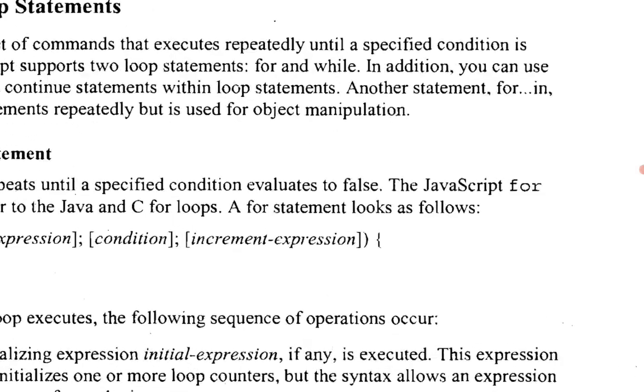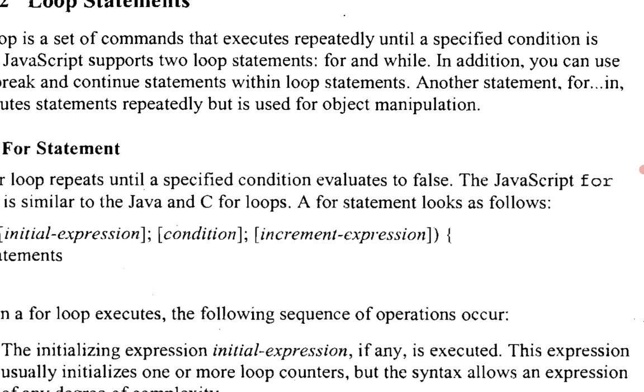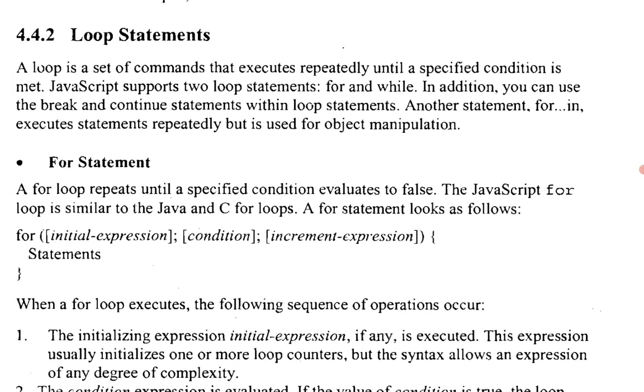So what is the for statement or for loop? A for loop repeats until a specified condition evaluates to false. The for loop is generally used to execute or repeat a group of statements until a specified condition evaluates to false.